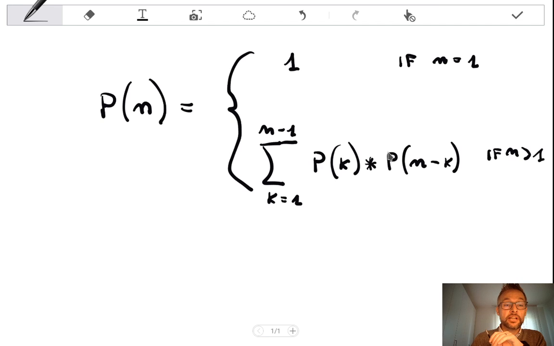Well, we are just counting the number of parenthesizations, so we are not taking into account the size of the matrices themselves. We know they are compatible, so we know we can multiply them, but we are not evaluating the number of products.